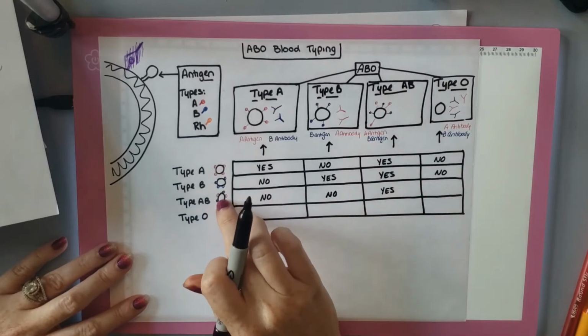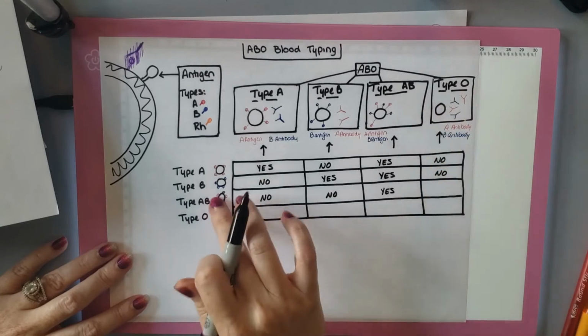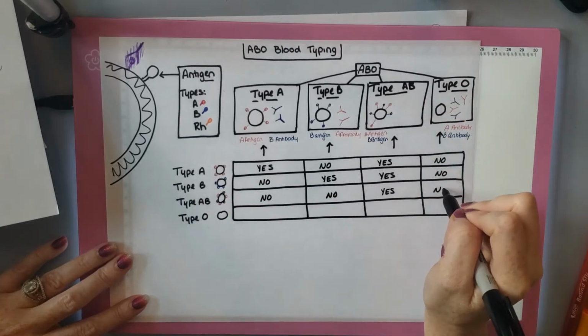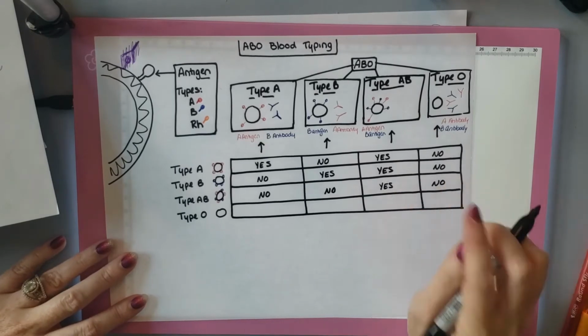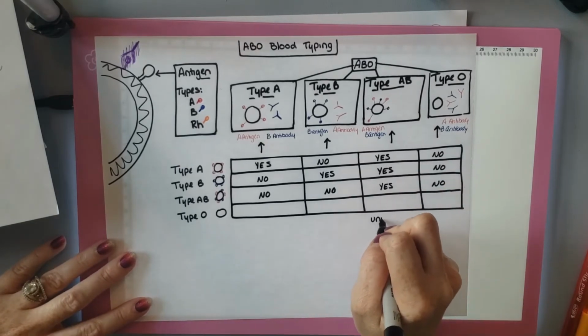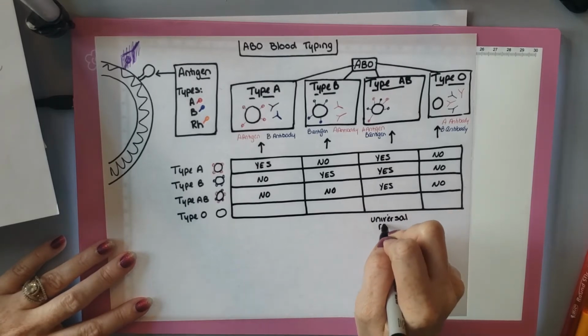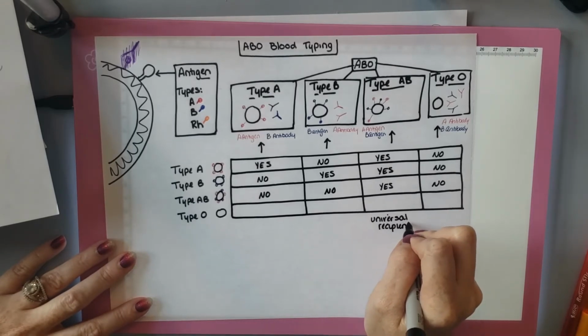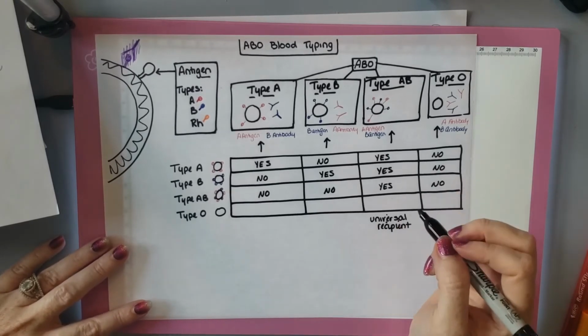And can we give this cell to this person? That would be a bad idea because those antibodies are going to attack it. No. So for AB, it can only receive. So it is the universal recipient. Okay? It's the universal recipient.